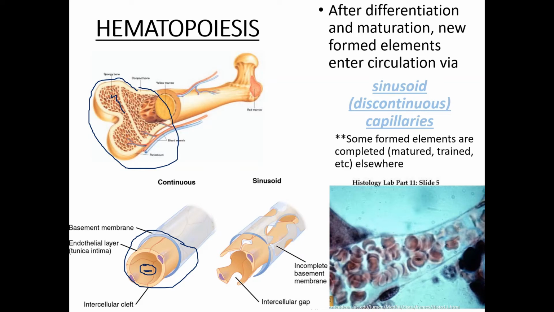And see, these blood vessels are called sinusoid capillaries. We can see that the cells lining these capillaries actually have big old gaps in between them. And so these gaps are big enough, as we can see over here in the histo image, for these cells to cross through those big gaps and enter into the bloodstream.